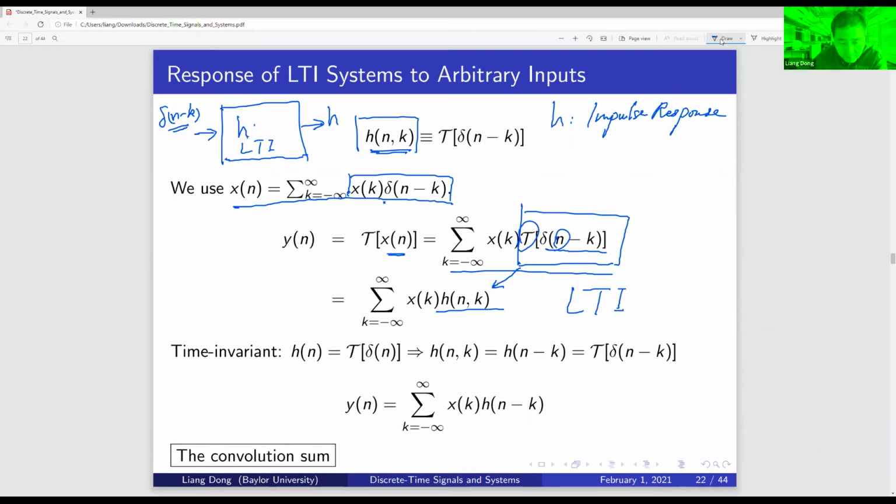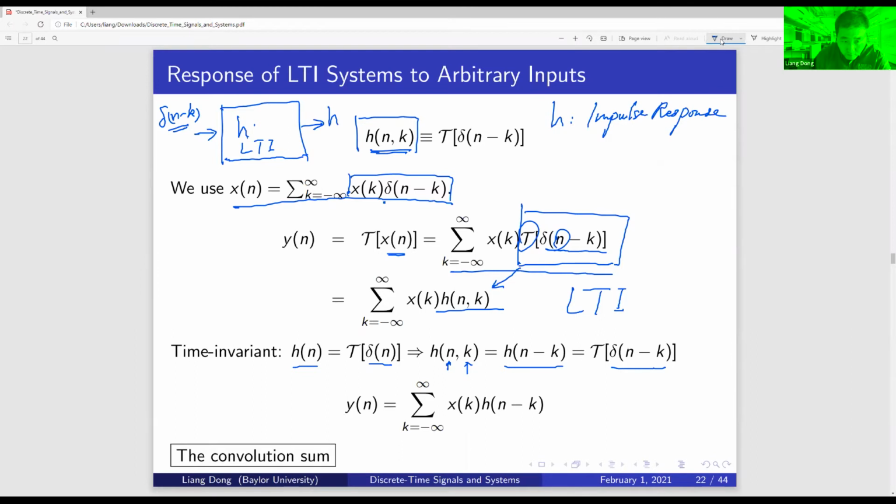Time invariant, the second term, is saying that if I have the operation on delta n giving me h n, then if I have the operation on delta n minus k, I will have an output which is h n minus k. Only the relative time matters, n minus k. So I have a time index n, I have a delay index k, but the relative time n minus k, I only care about that.